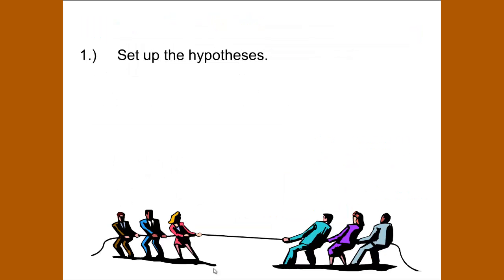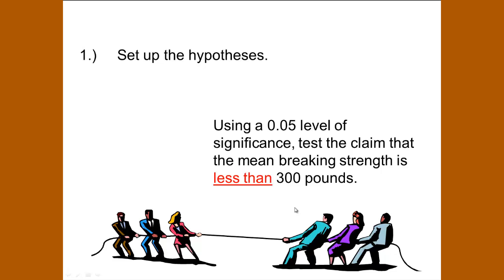So what is the first real step in the hypothesis testing? It is to set up the hypotheses, the null and the alternate hypothesis. To begin, let's reread the claim. Using a 0.05 level of significance, test the claim that the mean breaking strength is less than 300 pounds.